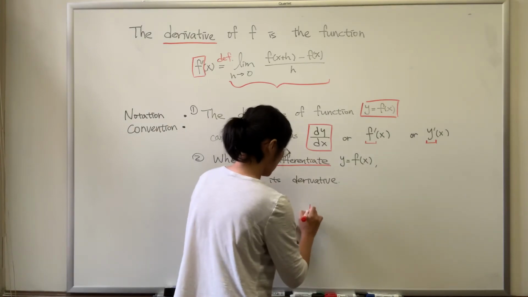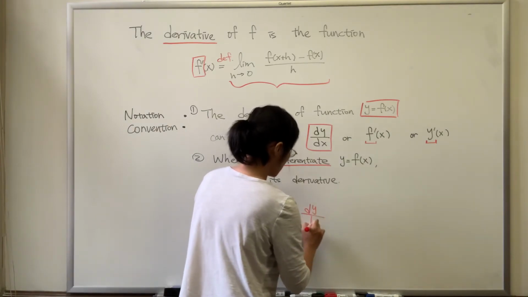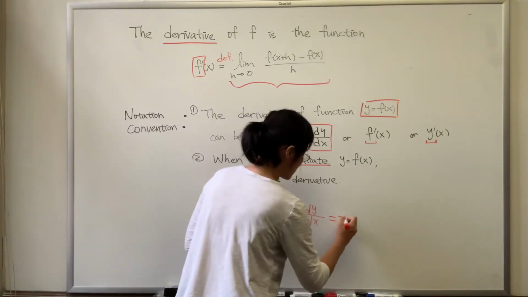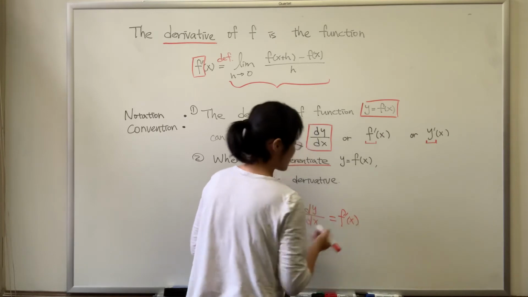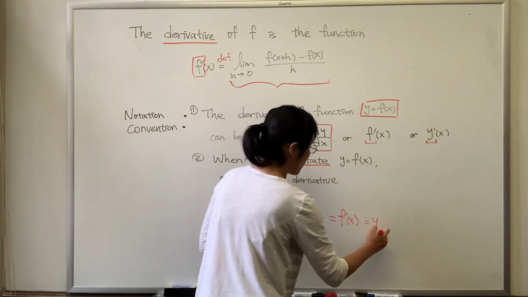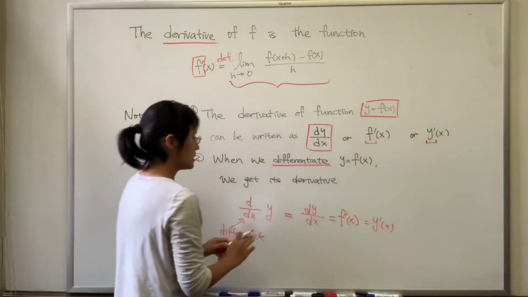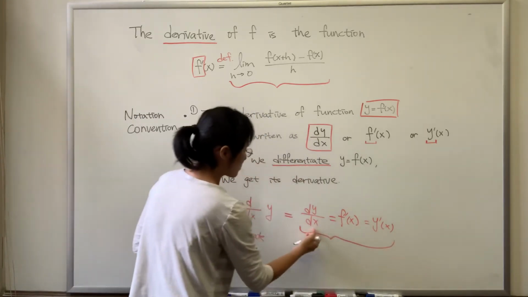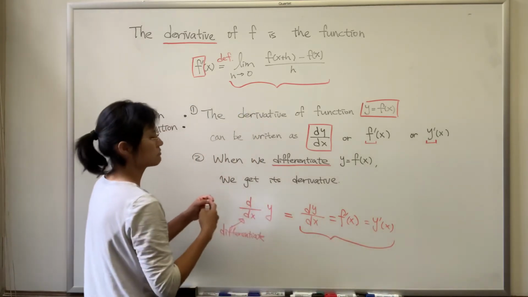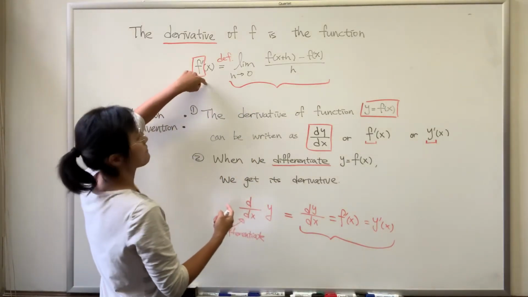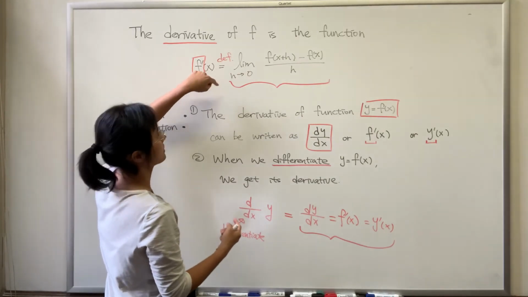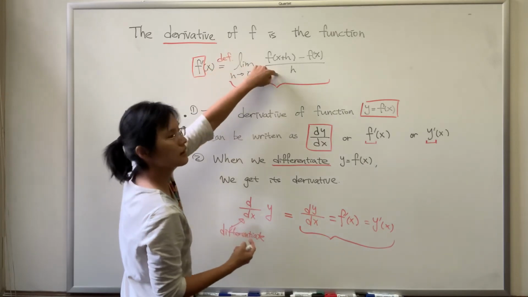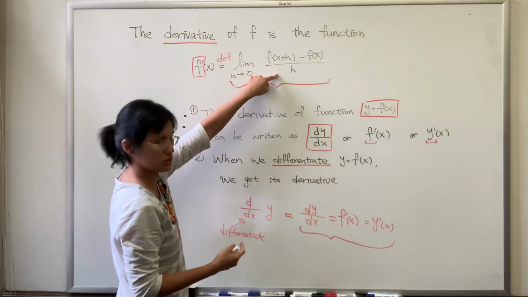So now I can say this is dy/dx, okay? Or you can say this is f prime of x, or you can say this is y prime of x, okay? So all these three symbols here refer to the outcome of the action, which action? The action taking the limit of difference quotient, okay?